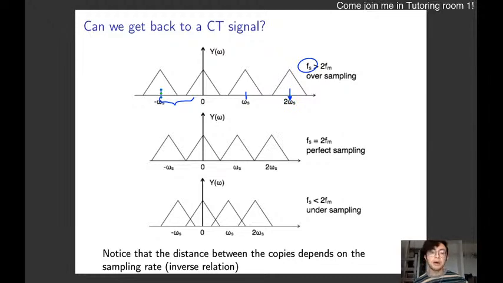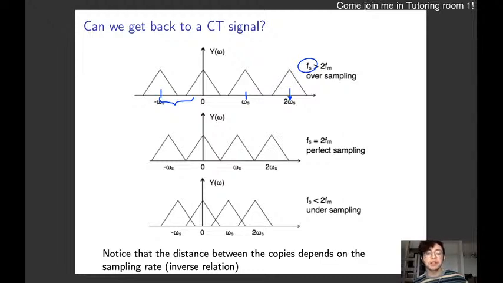So if we have a larger sampling frequency, then we're going to get more space in between. But if we have a smaller sampling frequency, we're going to get them close together so that there's not a lot of space right there. And if we have it too low, then we might actually get them to be overlapping right here. This is called undersampling, oversampling, and perfect sampling, though I don't like that term.